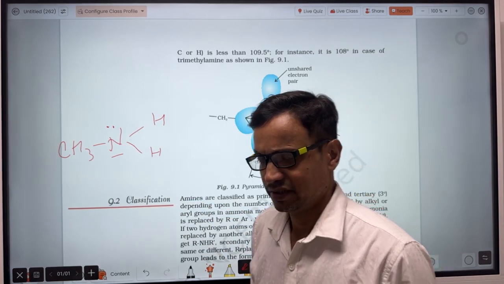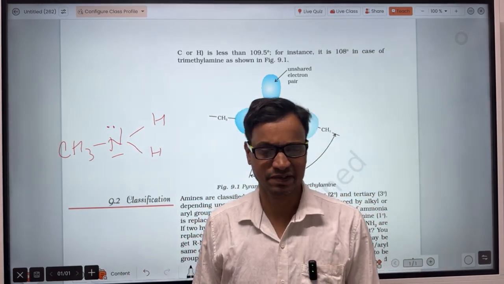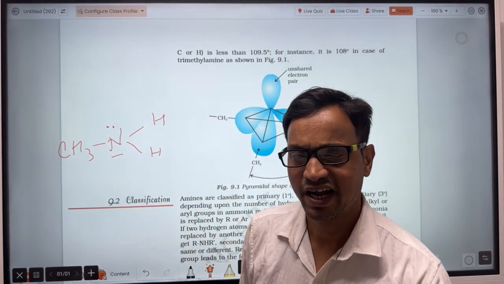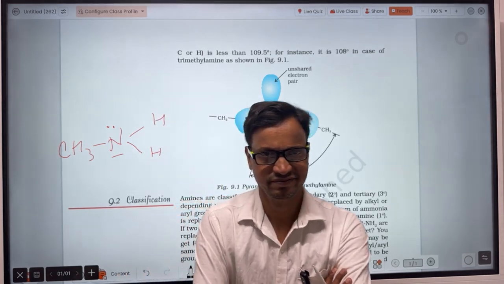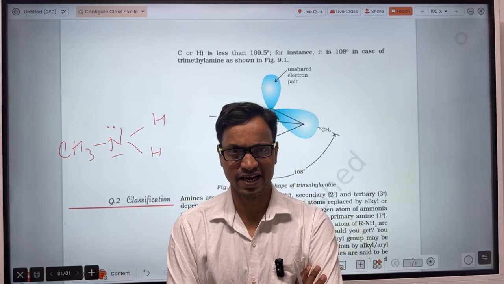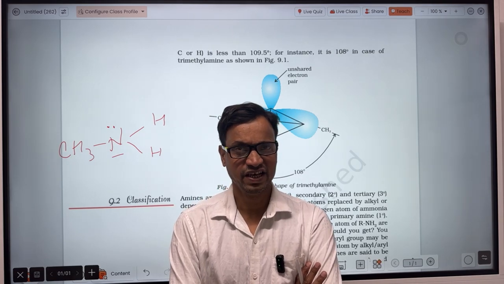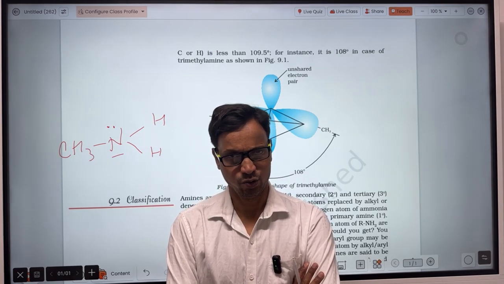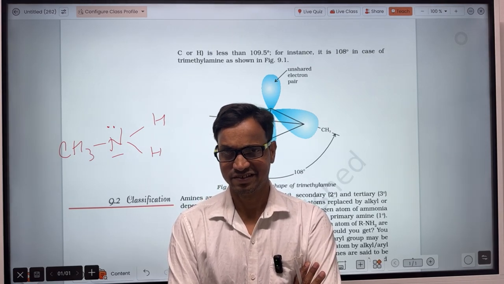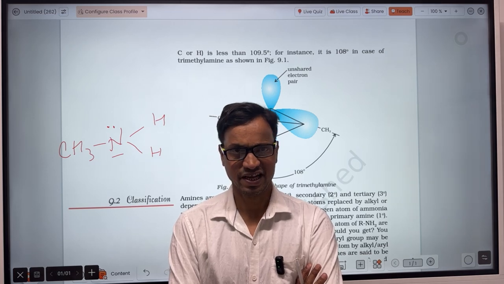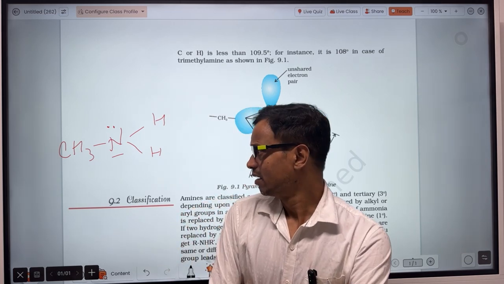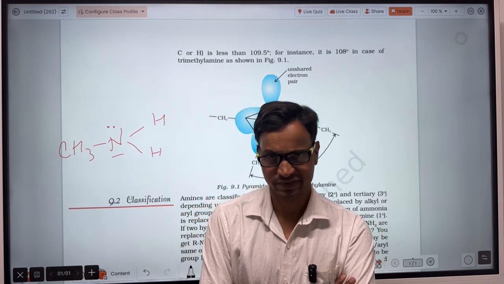In addition to that, it also contains a lone pair of electrons. So this nitrogen requires 4 hybrid orbitals, since it has to form 3 sigma bonds and contain a lone pair of electrons.